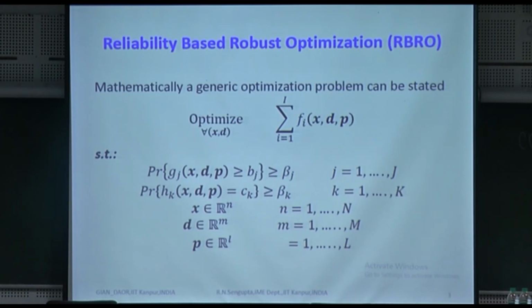If the beta values are very high, that means I am more reliant on those constraints. Technically the beta value should be 1, which means I am 100% reliable about those constraints. If the probabilities are less, obviously the beta values will be less, and they can be modeled accordingly.